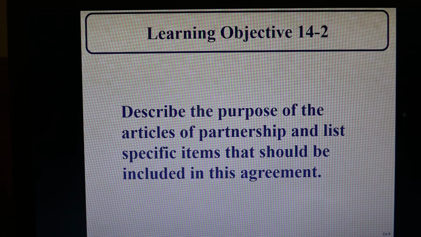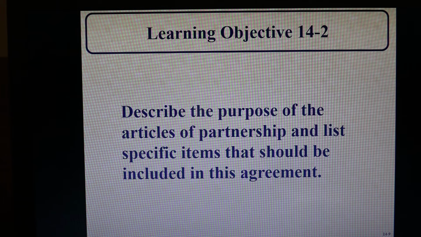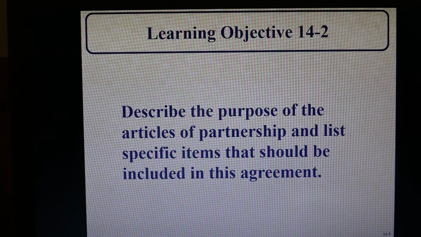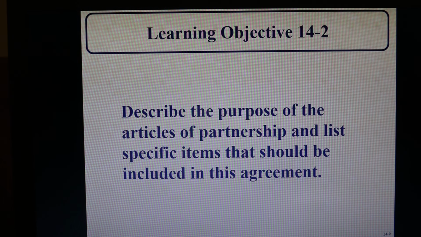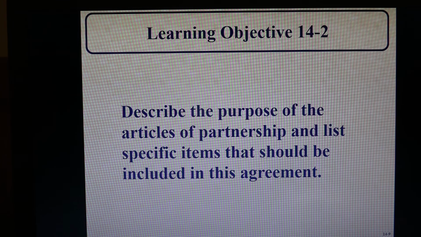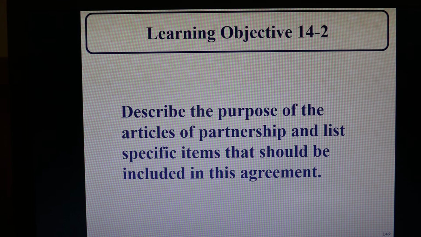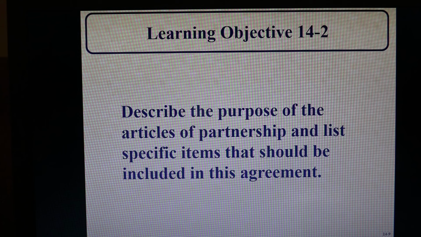Going back to disadvantages of a corporation, what do you have to do to be a corporation? You have to file something with the Secretary of State in the state you want to be incorporated. You've got to pay a fee. You've got to file your articles of incorporation.